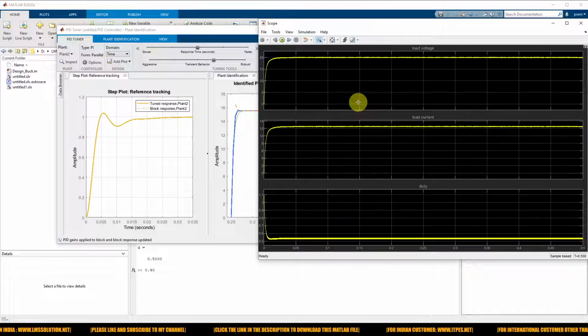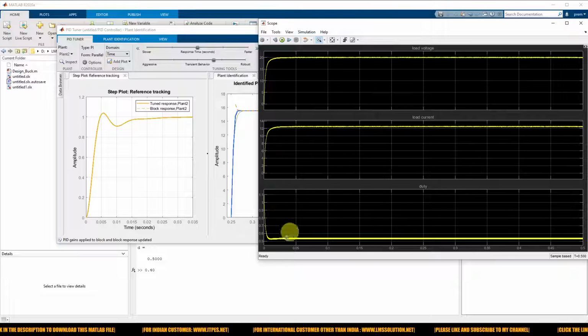So the error is almost eliminated, because without tuning we were getting 0.5 volt steady state error, and now we are getting only 0.1 volt error. If you take the average, the average voltage is around 20 volts only.